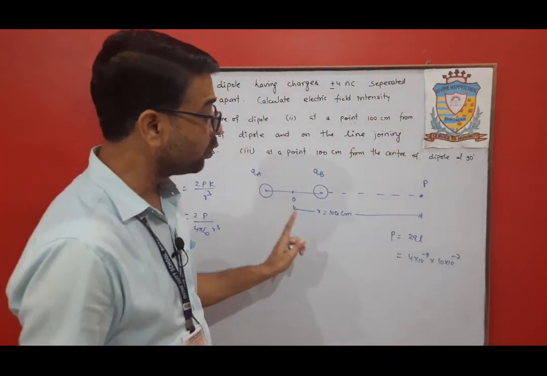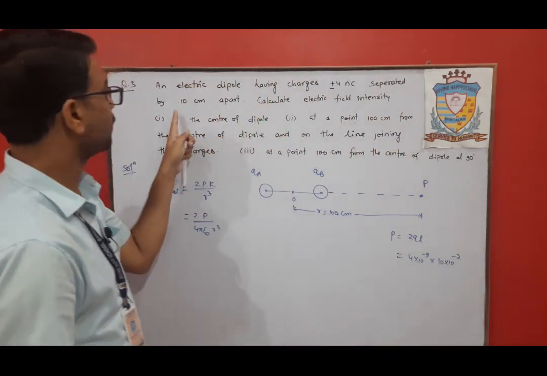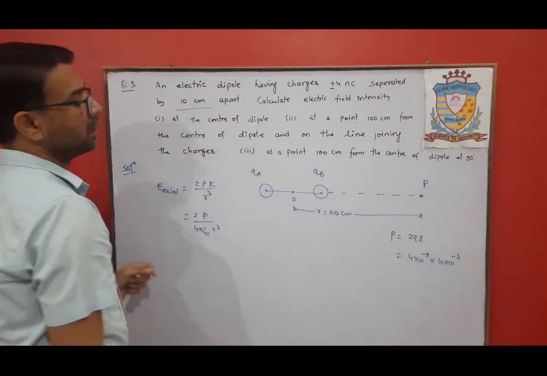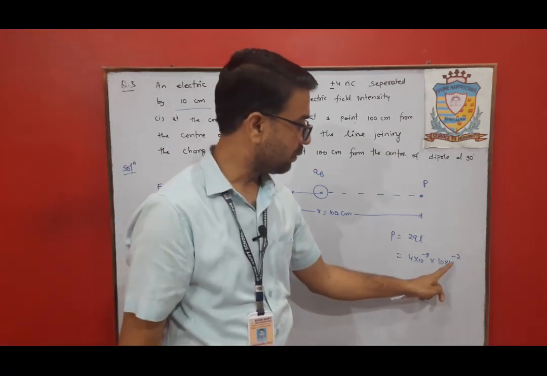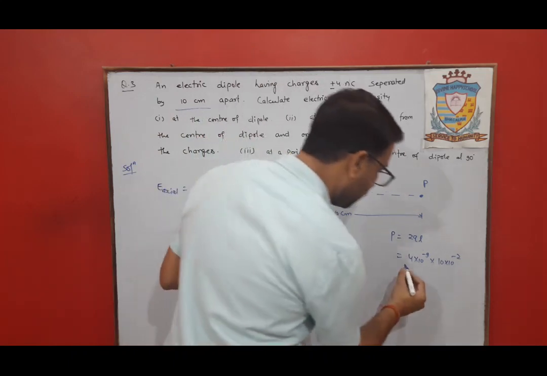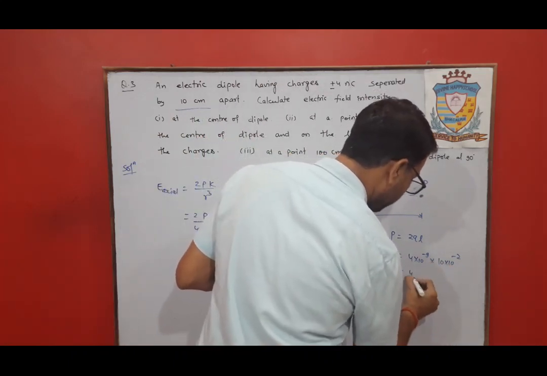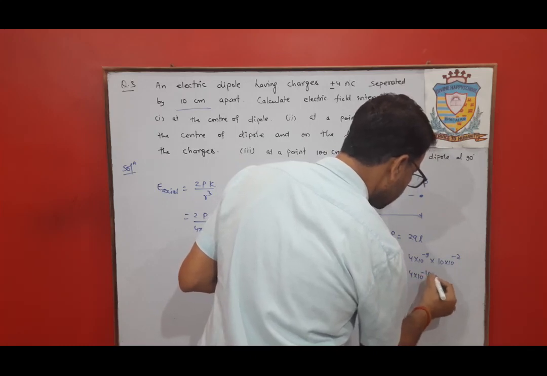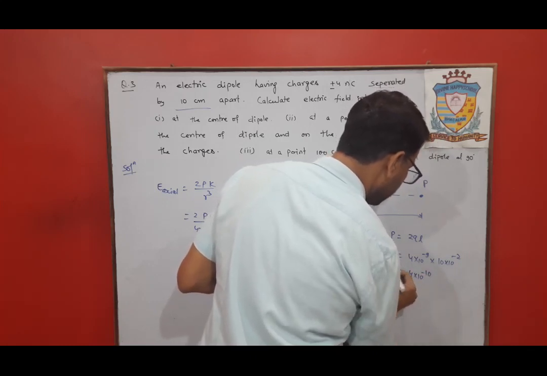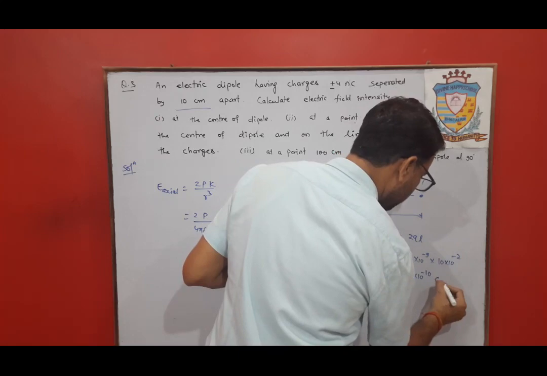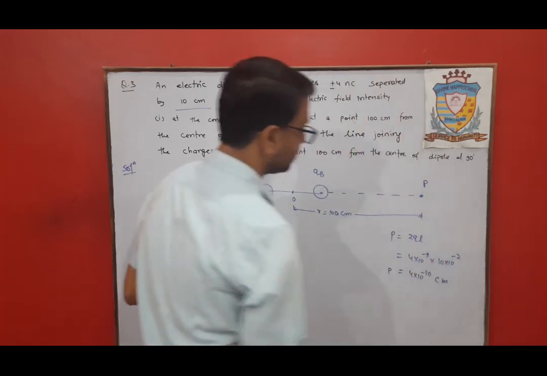The value of 2L is 10 centimeter, so we have to convert it into meter. So 4 into 10 to the power minus 10. This is the value of P, and the unit is Coulomb meter.